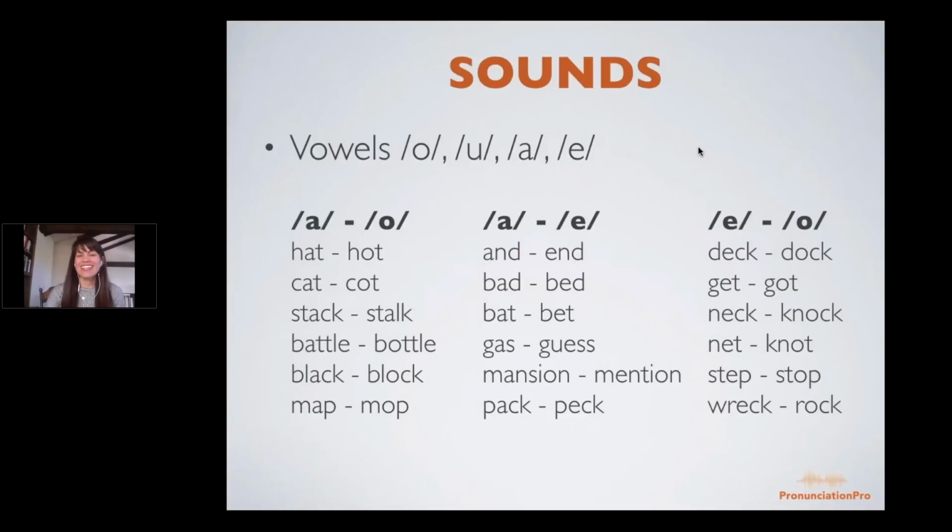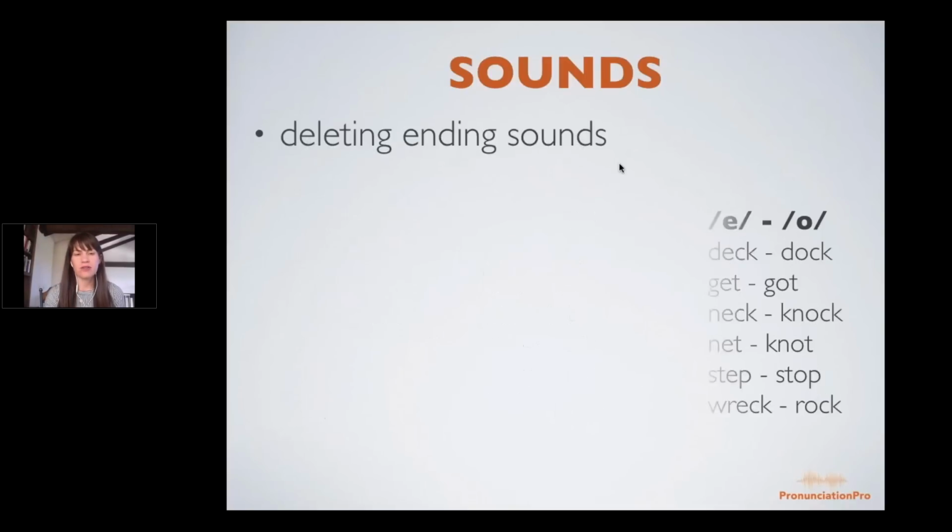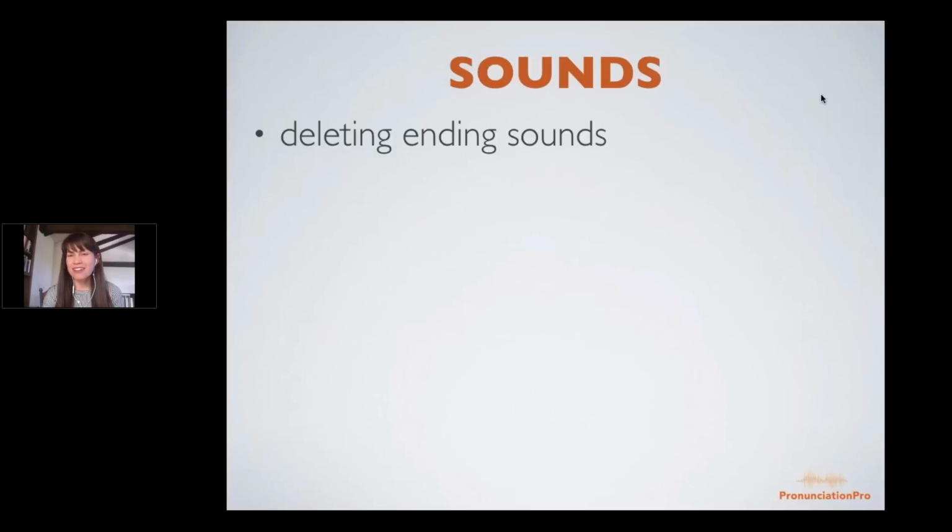Thank you, Annie. Okay, so the sound is going to probably be the most difficult for most of our Spanish speakers, contrasted with all of the other sounds. So being aware of that sound. All right, and we got a little taste of this with Brian: deleting the ending sound, especially the T's and the D endings.